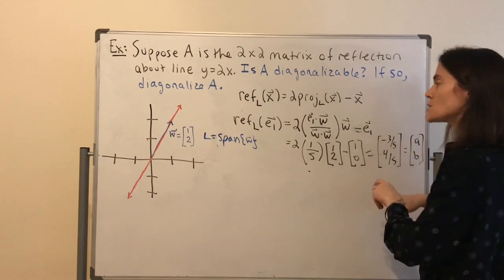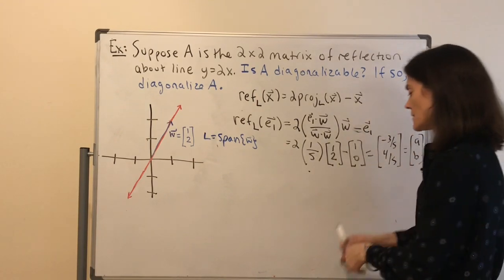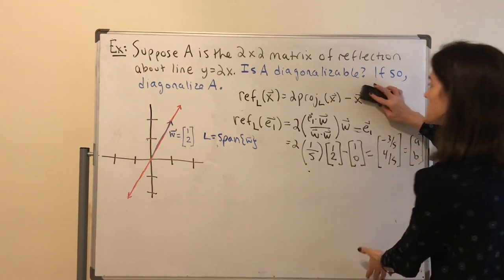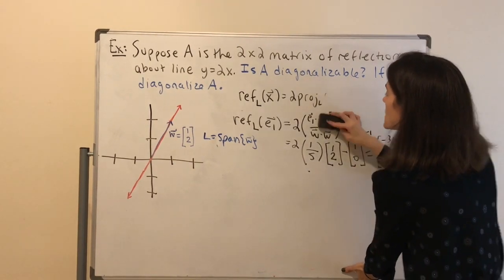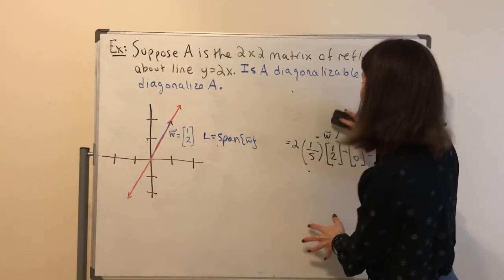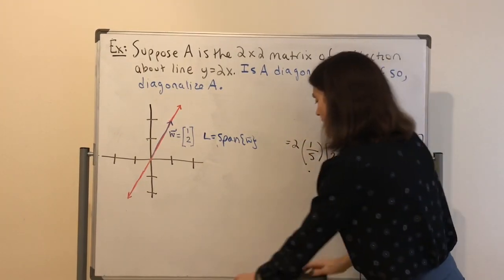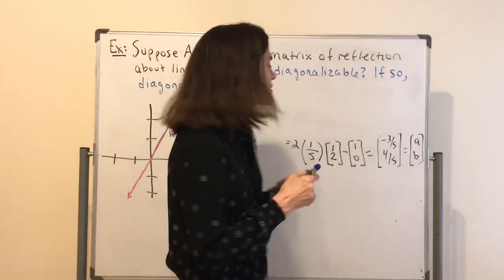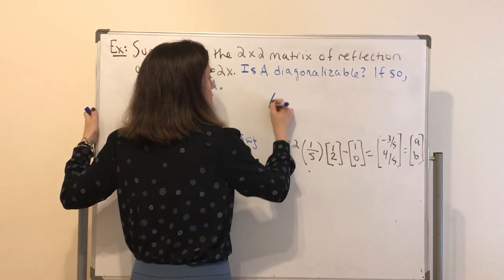So my matrix, maybe now that I have this calculated, I will erase this formula because I won't really need it much after this, and I'm trying to leave room on the board for some other things. Okay, so my matrix A, we know what it is. Now that we have found where E1 goes, my matrix A is as follows.